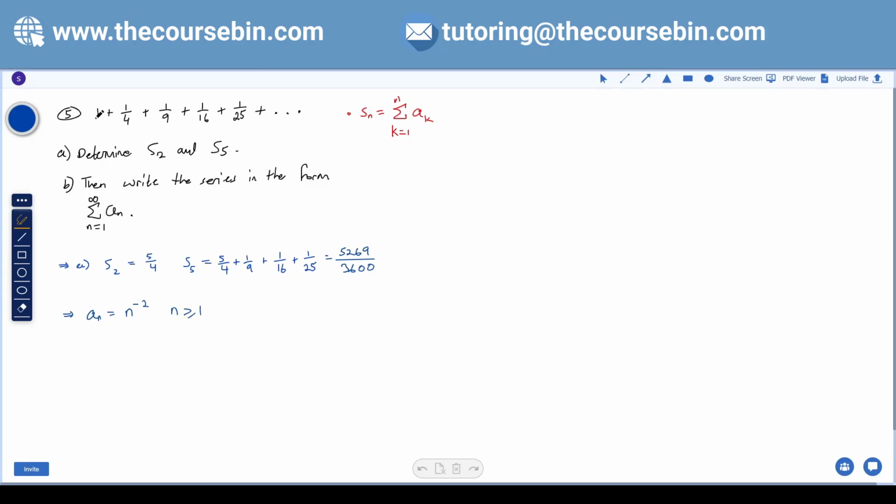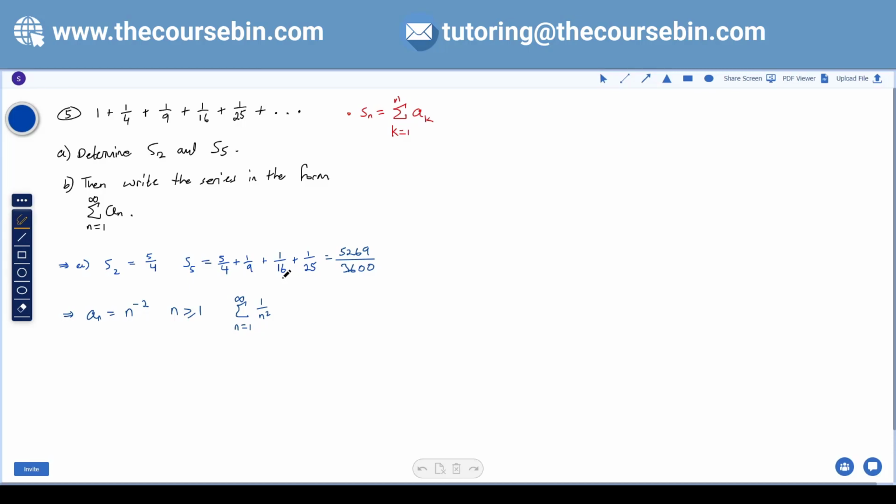Because our series starts off at 1. So when you have 1, it's just 1. When you have 2, it's a 4th, 3, a 9th, and so on and so forth. So let's go ahead and put this as a formula. We're going to say n equals 1 to infinity, and one way of writing n to the -2 is just 1 over n squared.